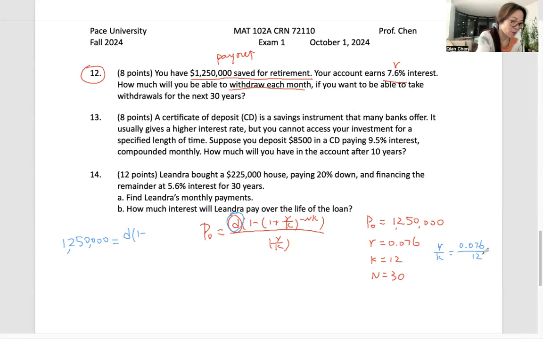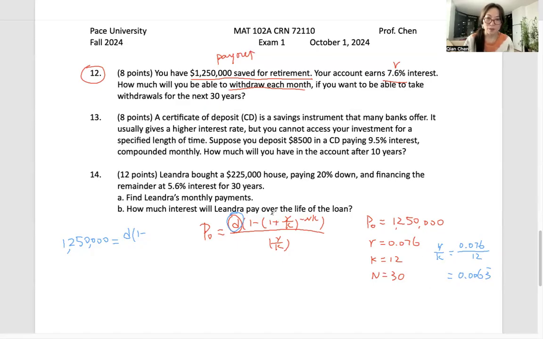Oh yeah, very annoying number. 0.076 divided by 12. So we get 0.0063 going on forever. We put a bar on top of the 3.